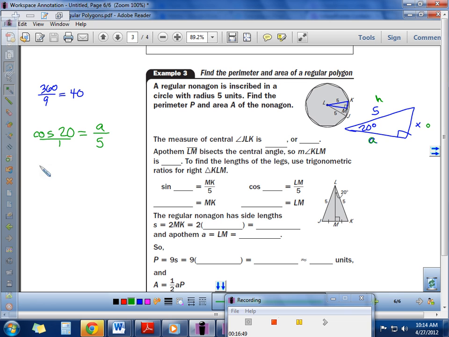So if you do A times 1, which is 1 cross, you get A. The other side is just cosine of 20, and then multiply by 5. You don't need to round 2 times, you just round once. 4.69. We'll take that. Stop there.